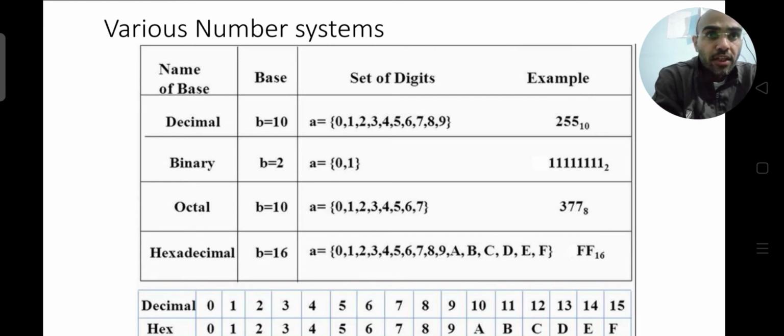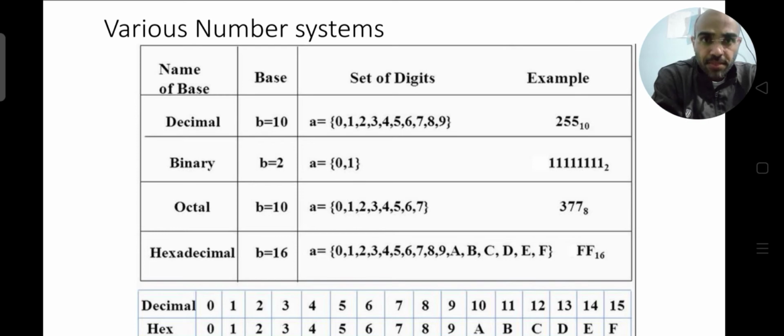In all, there are 10 symbols. If we have to represent any number, we write the number and write the base as a subscript. Whatever is written as a subscript is nothing but the radix or the base of that number.